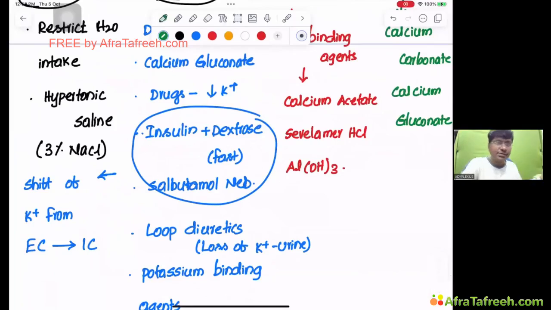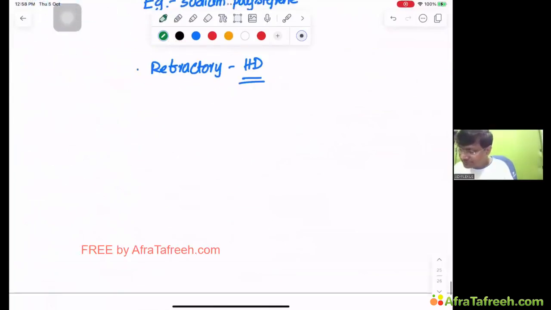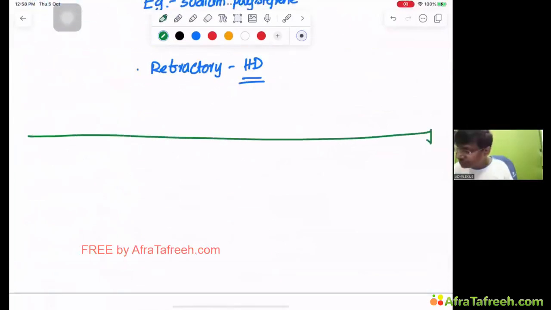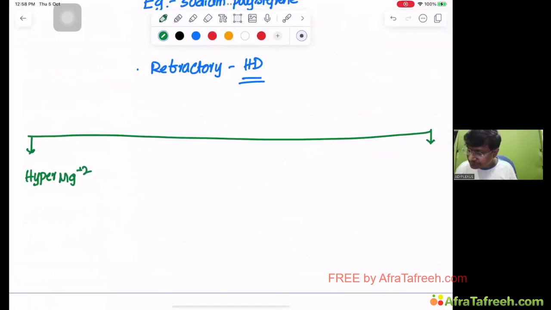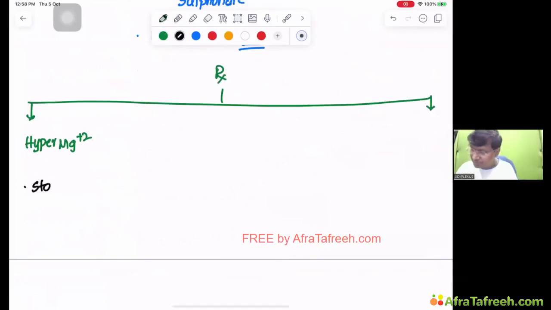Then the next important thing is you should also be able to treat the magnesium. There is hypermagnesemia also in these patients because magnesium is not getting excreted out. So how do you treat the hypermagnesemia? First and foremost, you should advise the patient to stop taking magnesium containing antacids.